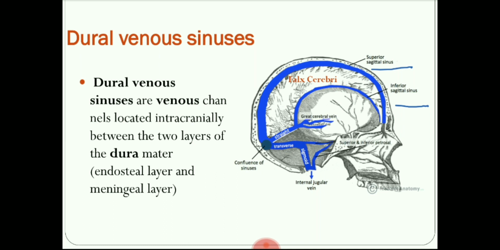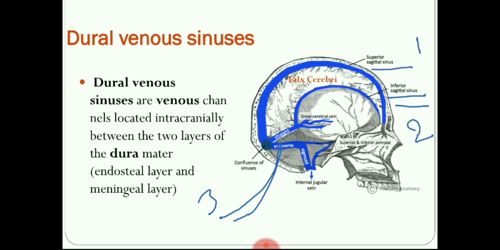So in this way, the falx cerebri encloses three venous sinuses: the superior sagittal sinus along the upper convex margin, the inferior sagittal sinus along the inferior concave margin, and the straight sinus along the posterior end in between the tentorium cerebelli and the falx cerebri.